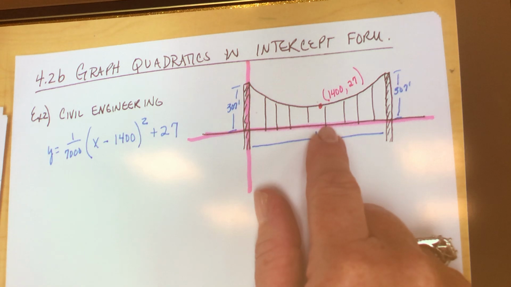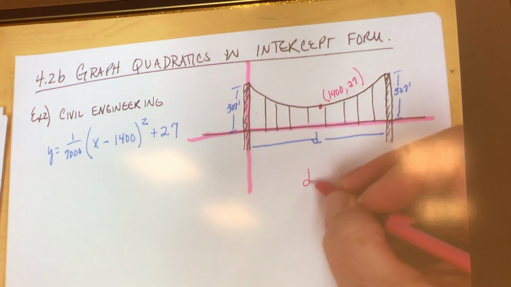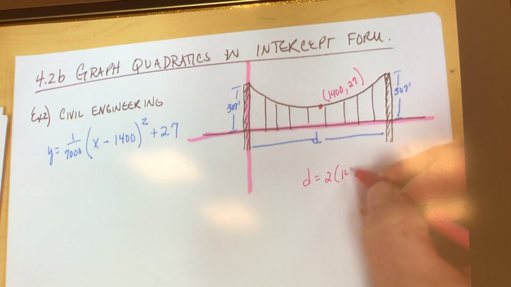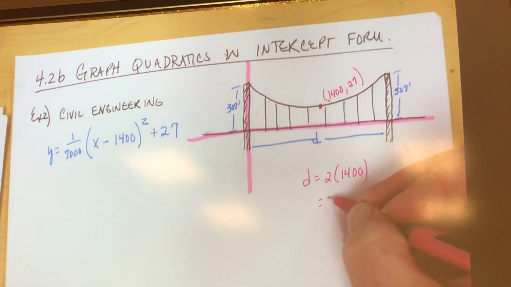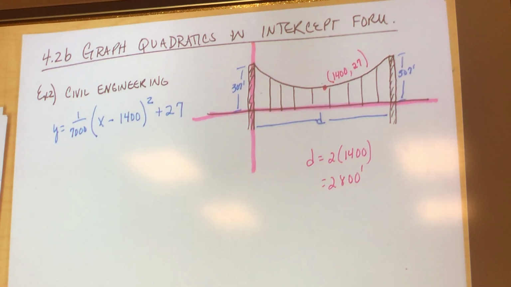We've seen bridges like that. Okay. So how would you find the distance all the way across? 1,400 times 2. That's it. So there you go. Was that hard? No. People, that was like the easiest giveaway.